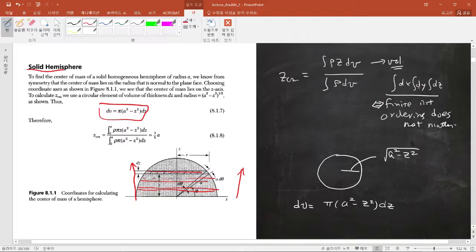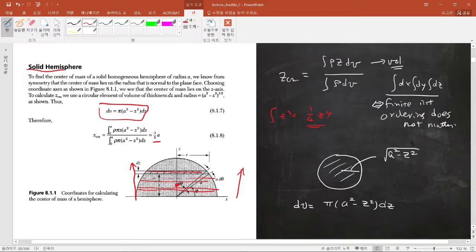So actually it is a triple integration, but from symmetry you can consider a disk here, and then just pile up from z equals 0 to a, and that gives you, so this integral is very easy, so let me just skip it. And in this integration, everyone knows that the integral of z cubed is 1/4 z to the fourth. So it gives you 3/8 a, so it's somewhere down here.